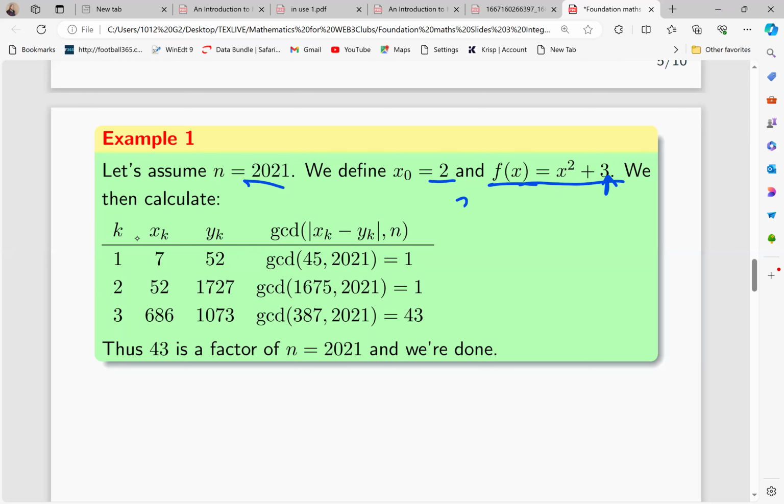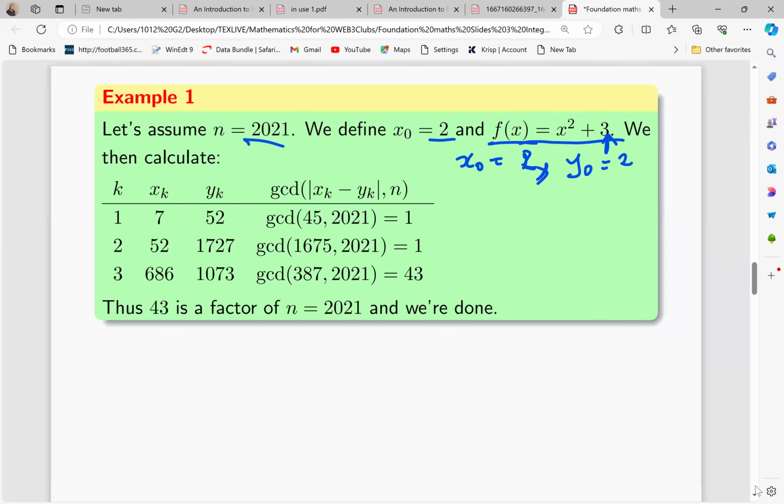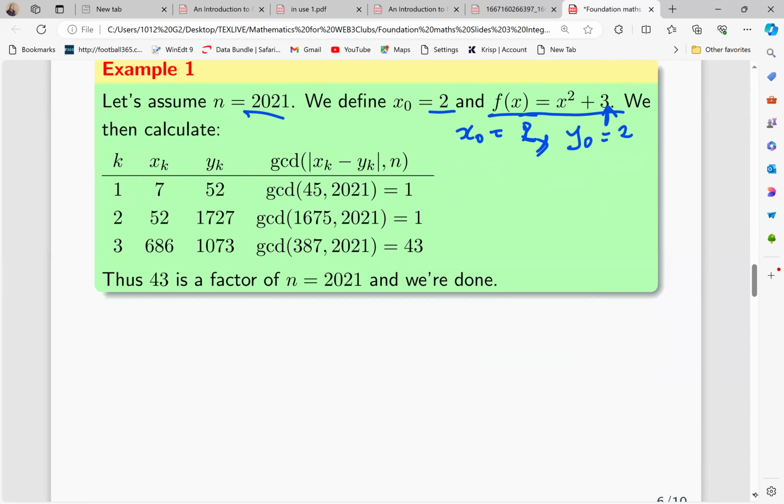Our x naught is 2, and we said that initially y naught will also be 2. So we have this equation, x squared plus 3.